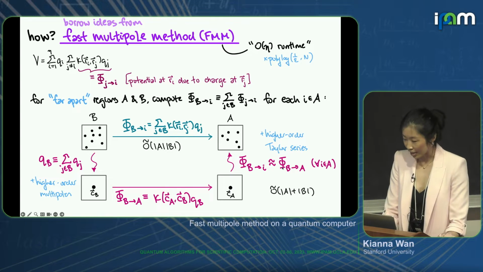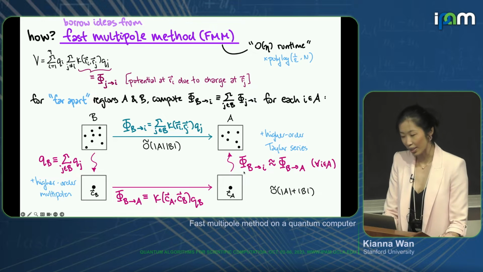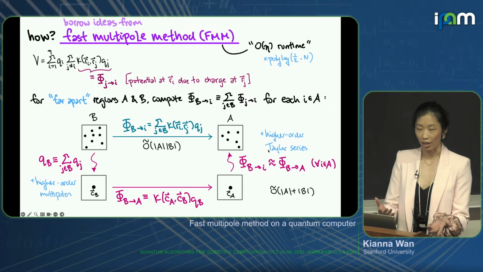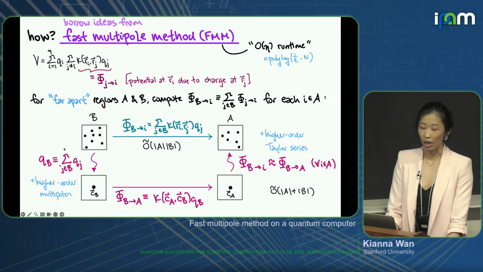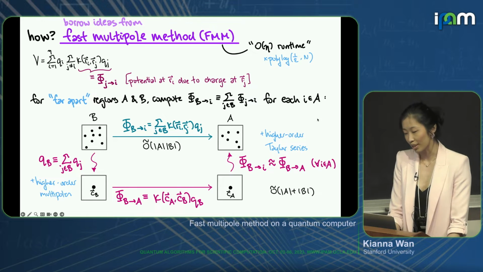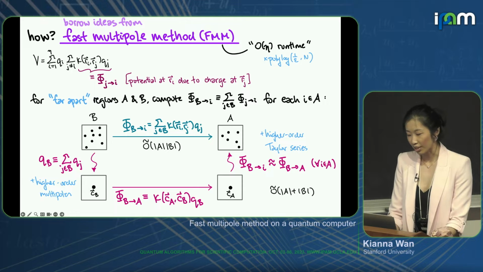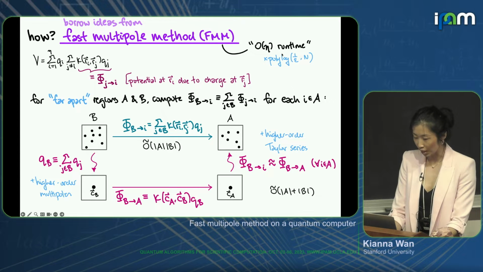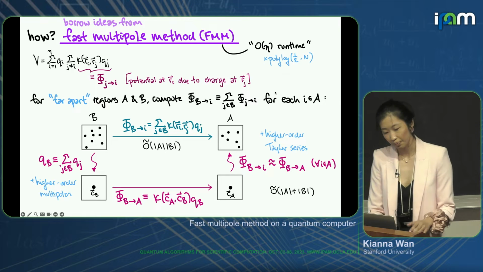And instead of just setting the potential at each particle in A to be equal to the potential at the center, we can Taylor expand around the center. It turns out that to get some error epsilon, it suffices to keep order log 1 over epsilon multipoles and order log 1 over epsilon terms in the Taylor expansion. So this ends up adding some additional log 1 over epsilon terms in the total runtime.